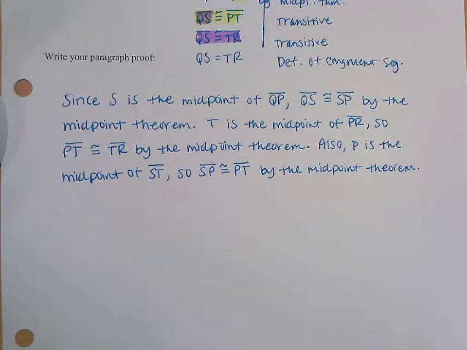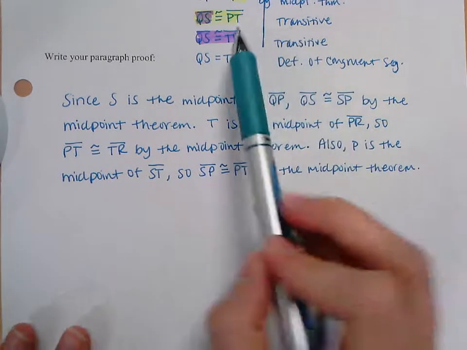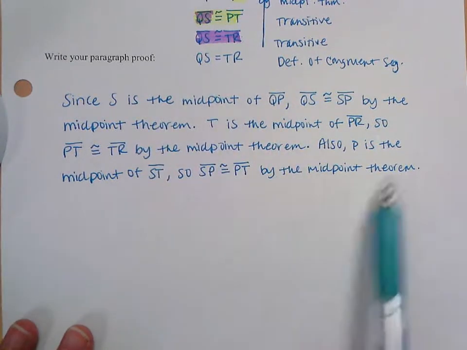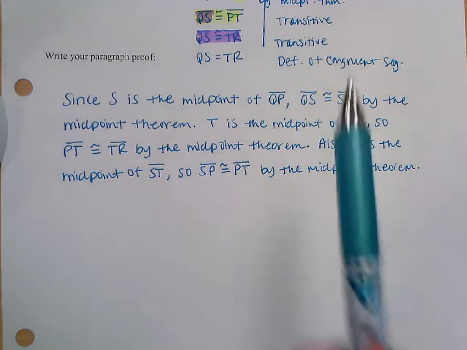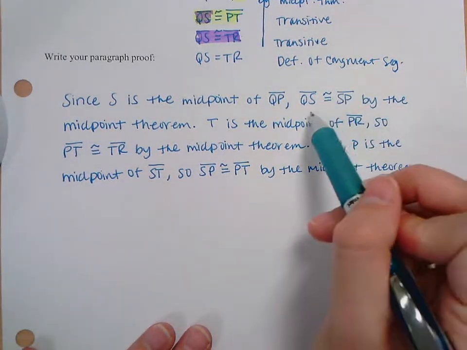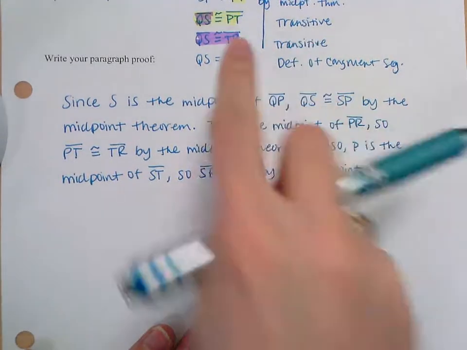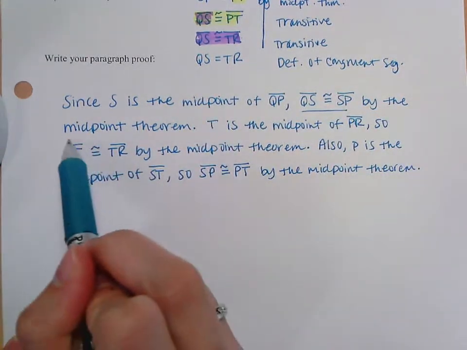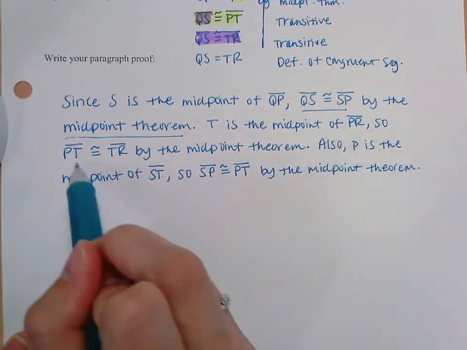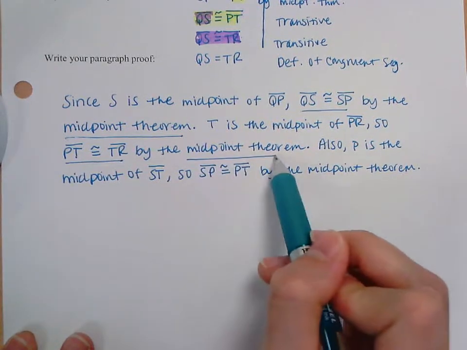Okay, from here then, I can say, and again, when you're actually writing these out, for example, you have your statement and your reason. So I have my statement and my reason in each sentence. Statement, reason.